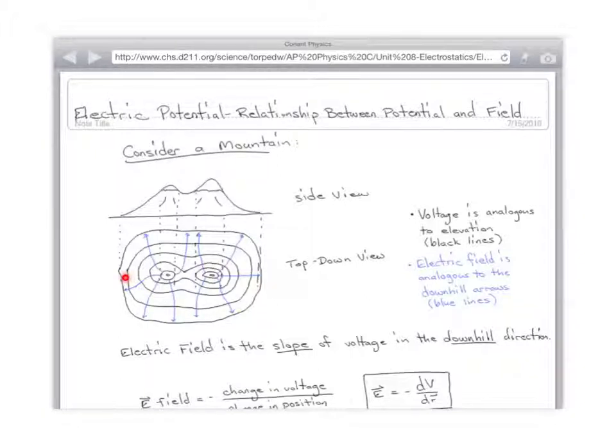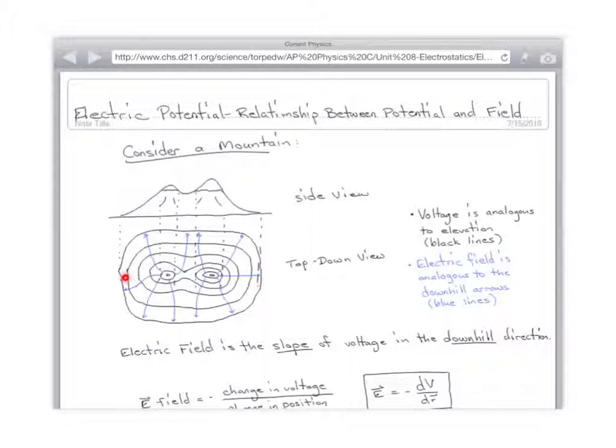So electric field is the slope of the voltage in the downhill direction. But if you look at it from the top, the downhill direction changes.